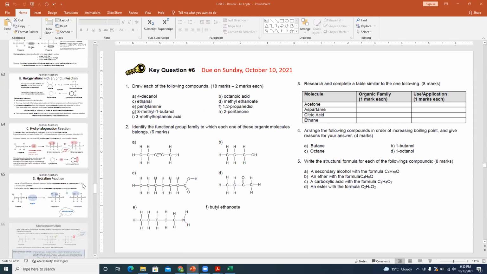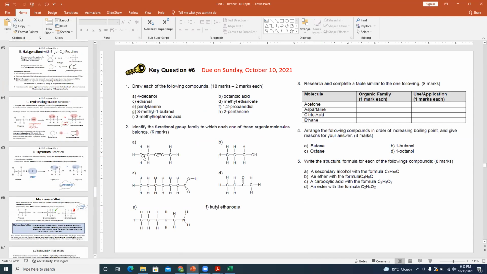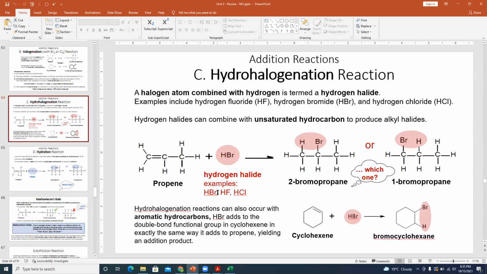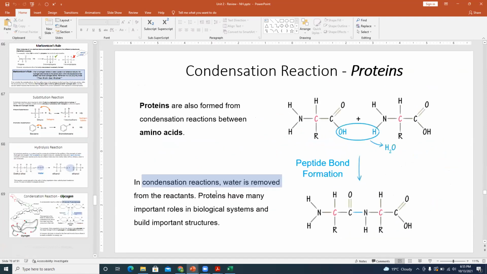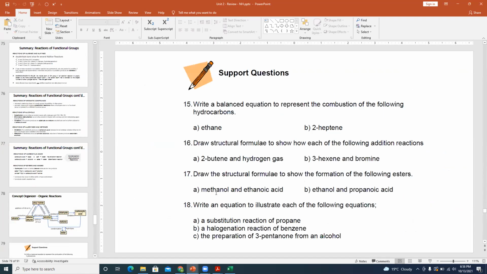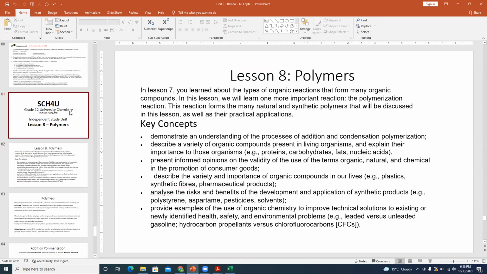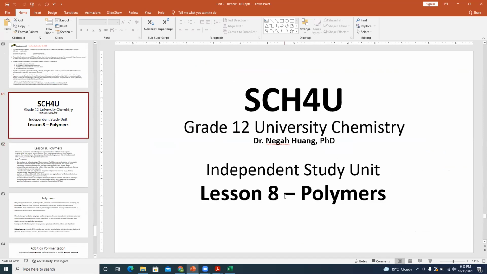So we talked about all of these different types of reactions, the addition reactions. And so maybe I can take some time and we can go through lesson 8, polymers, which was your independent study unit. So I don't know if any of you have had a chance to look at the material for this lesson yet.